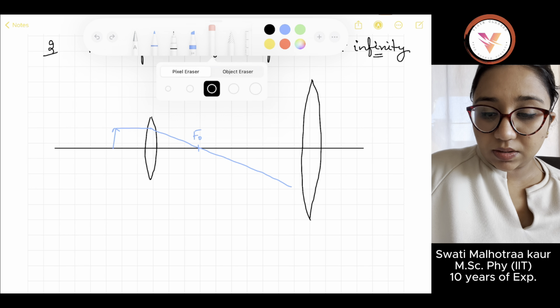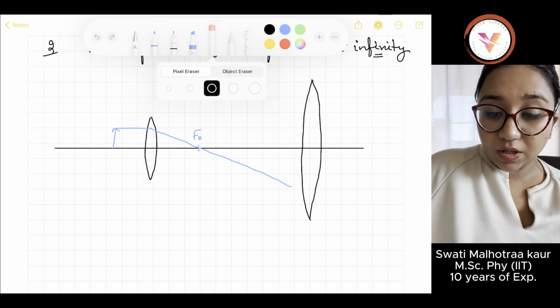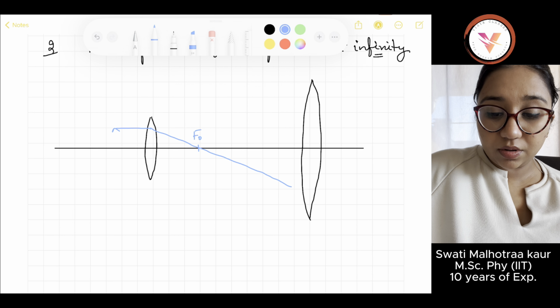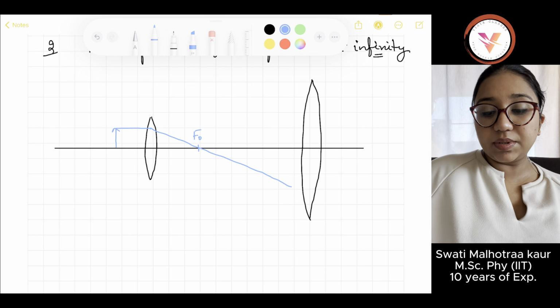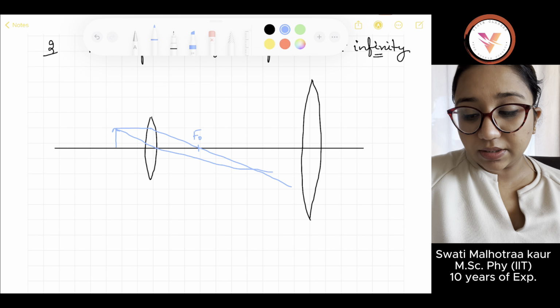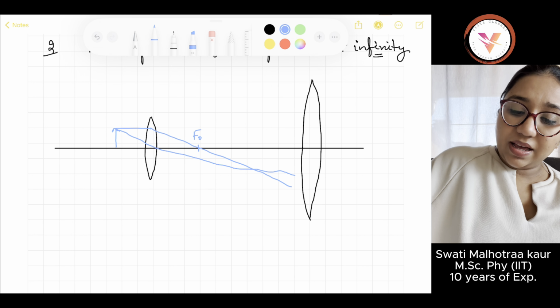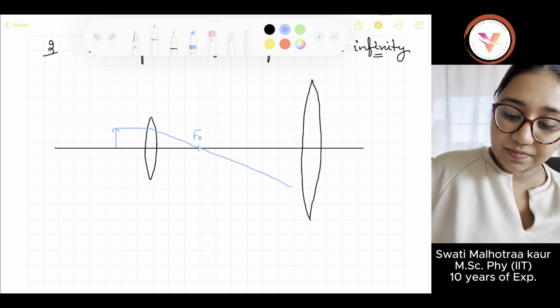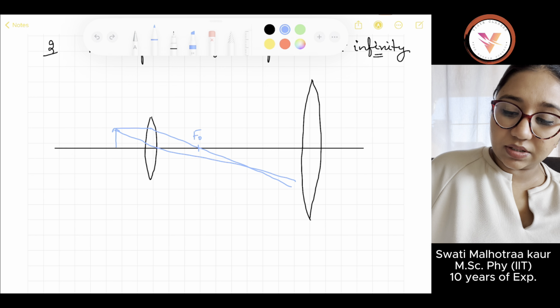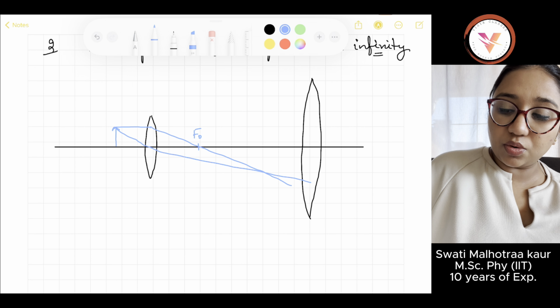Let's make this. You have to be very careful with your ray diagrams, very precise. Okay, it's difficult, it's very slippery. No, it should pass through the optical center and it should not go beyond.